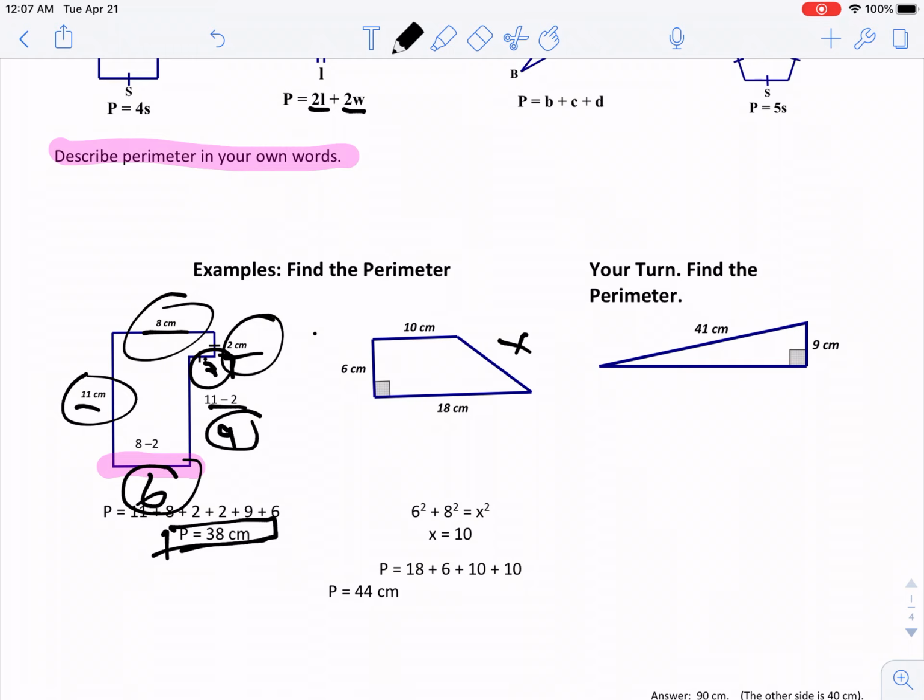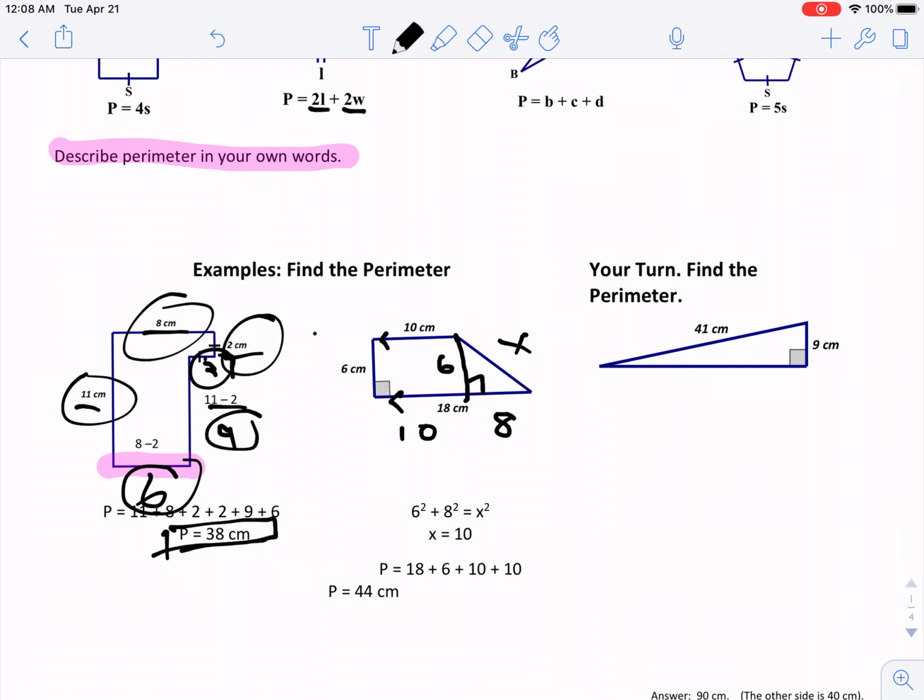Since there's a right angle right here, and these sides are parallel, since it's a trapezoid, we can slide that over here, and we know that that's a right angle. We know this much is 10, which means this part to the corner is 8, because 10 plus 8 is 18. And we know the height is 6.